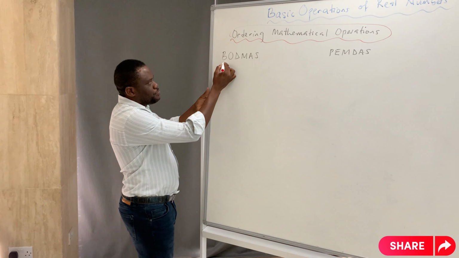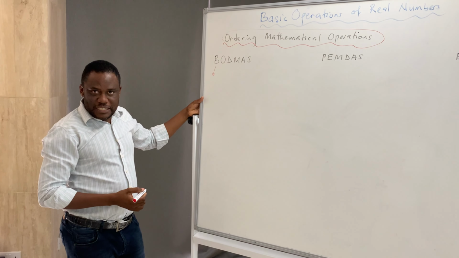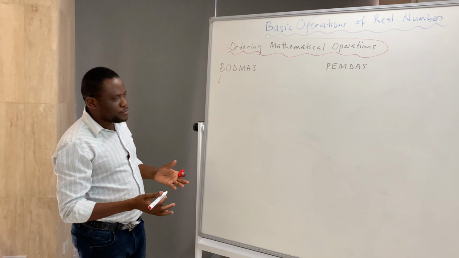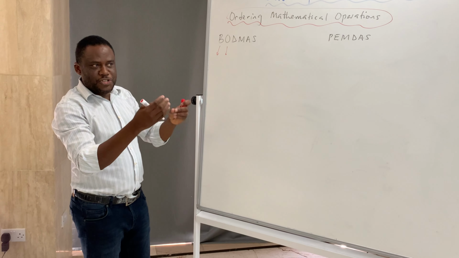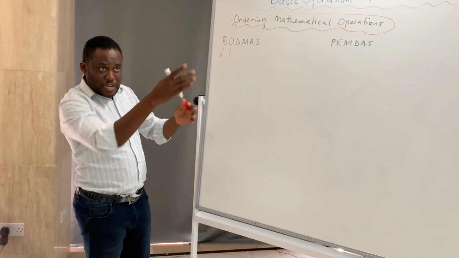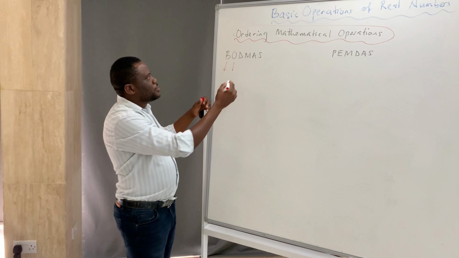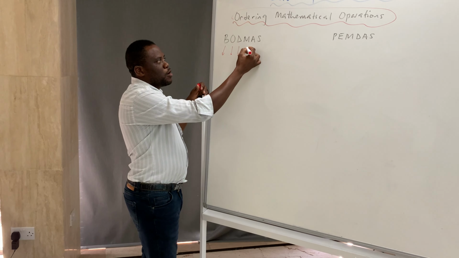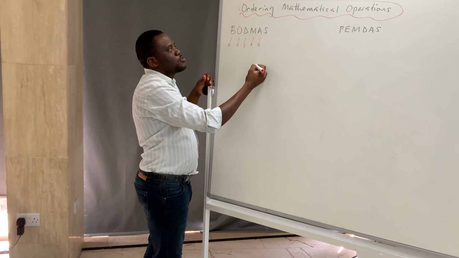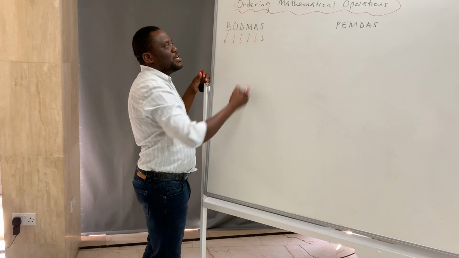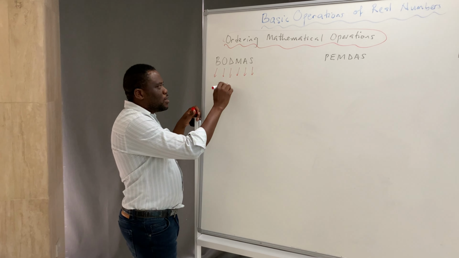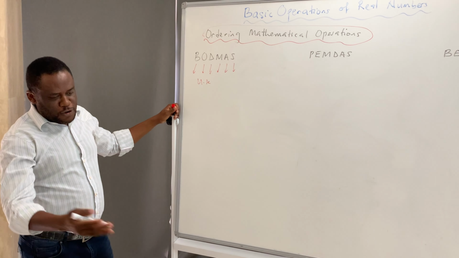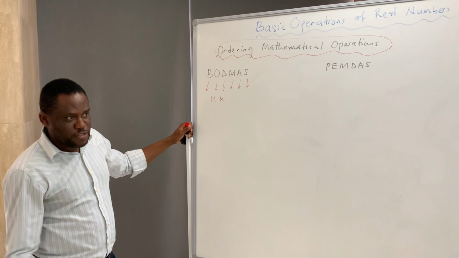It means brackets first. Then the order, like exponents, roots, like irrational numbers, then division, multiplication, addition, and subtraction. This is commonly used by the British, and of course, British colonized countries.